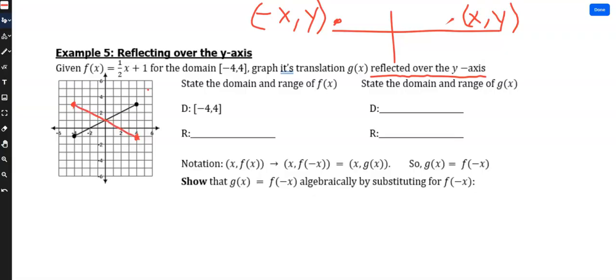Much better. So the range went from 1 to 3 on the original. When I multiply the x's by -1, the domain, well, wait a sec, isn't it -4 to 4? It's the same thing. And the range is still 1 to 3.